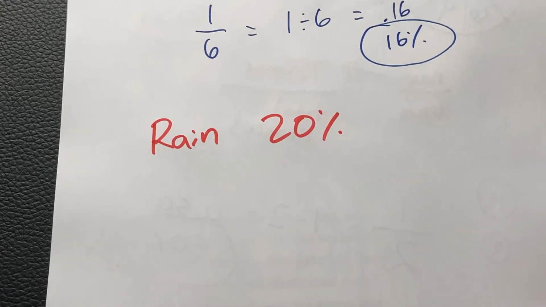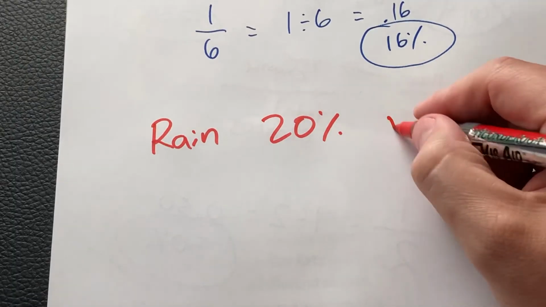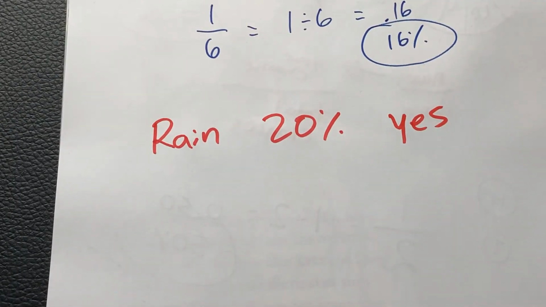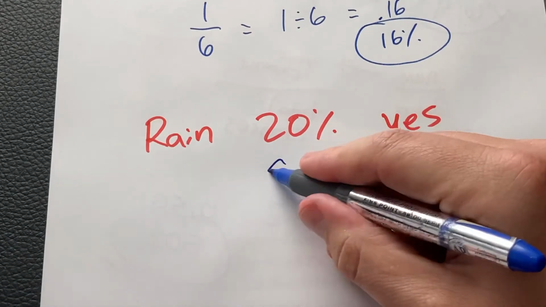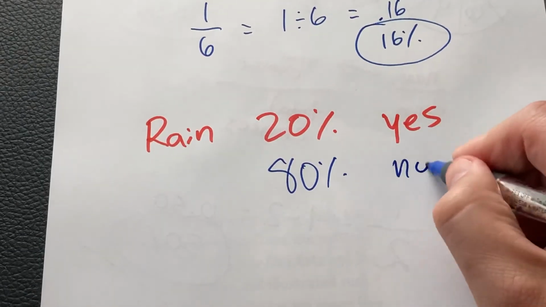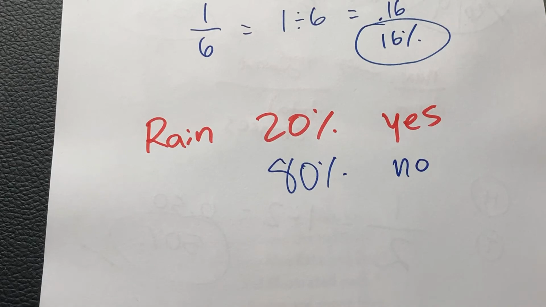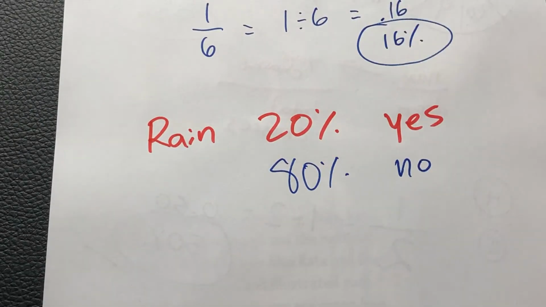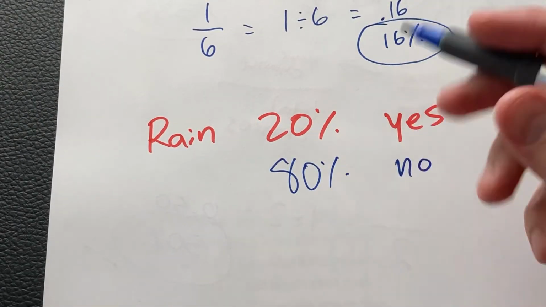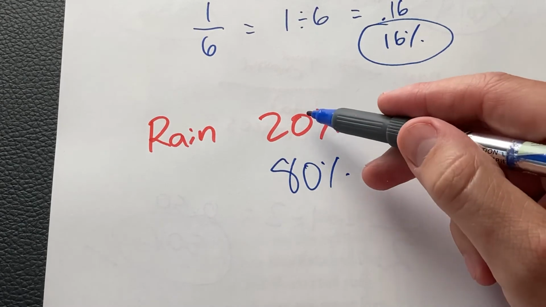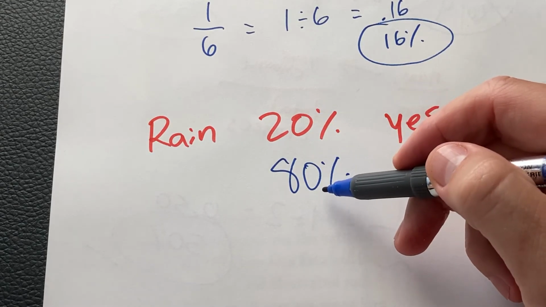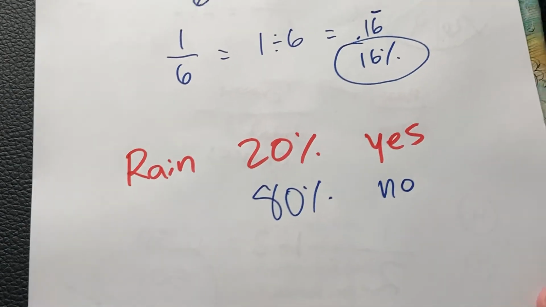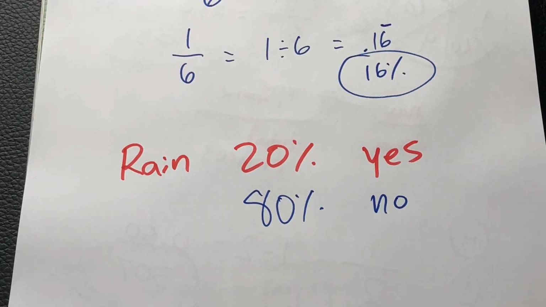Oh, it's going to rain. Well, wait a minute. So 20% is yes, it will rain. 80% would be no, it's not going to rain, because it always has to equal 100. So out of 100 days, it would rain 20 of the days, but it would not rain 80 of the days. So it probably most likely, because of probability, will not rain.